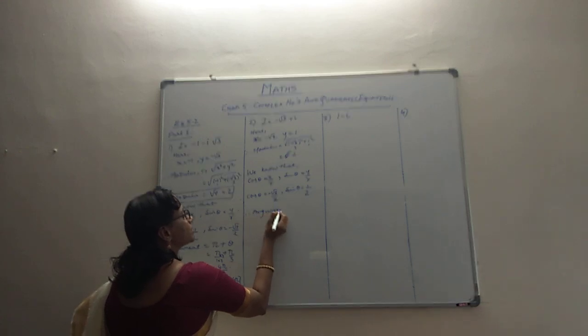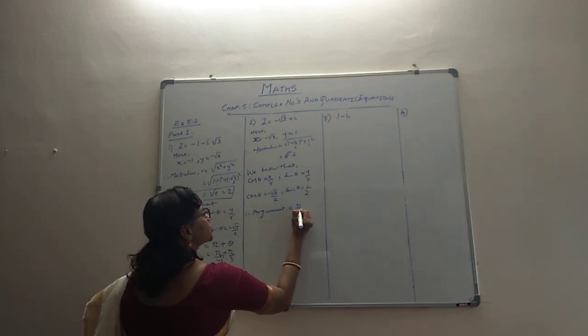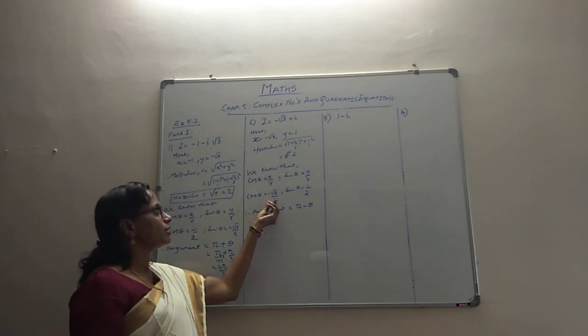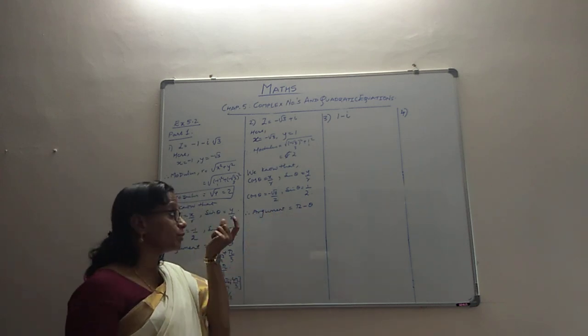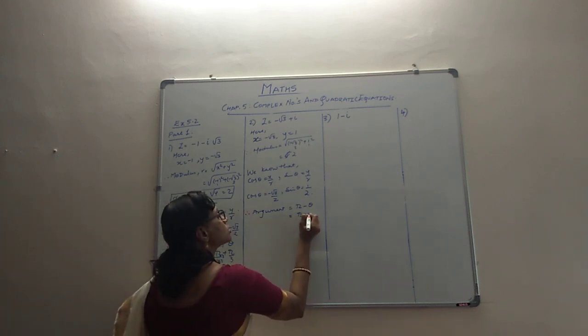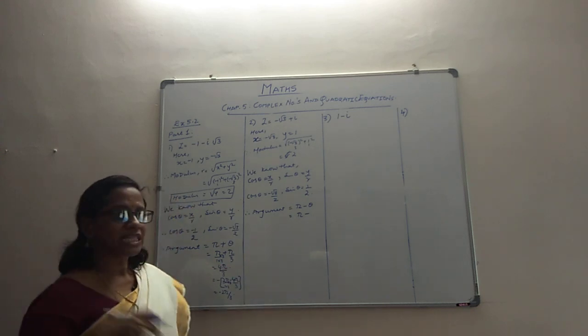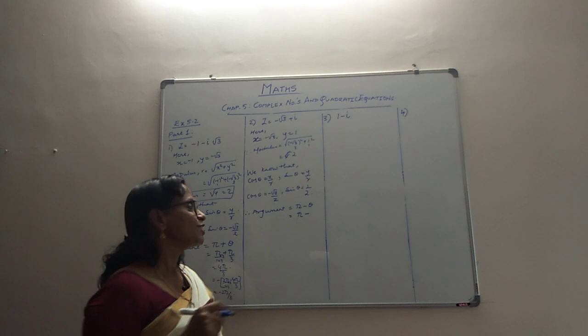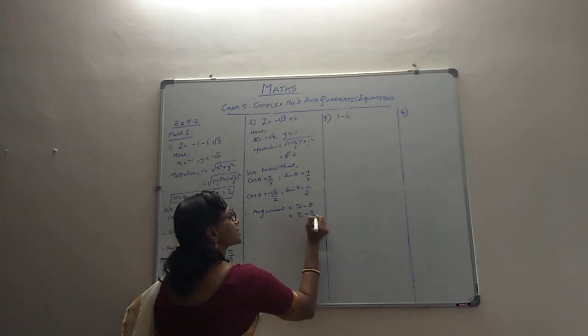Our argument is in the second quadrant, which means it is pi minus theta. Now theta you will get by looking at the magnitude of these values. Which angle gives cos as root 3 by 2 and sin as half? 30 degrees, which is pi by 6.